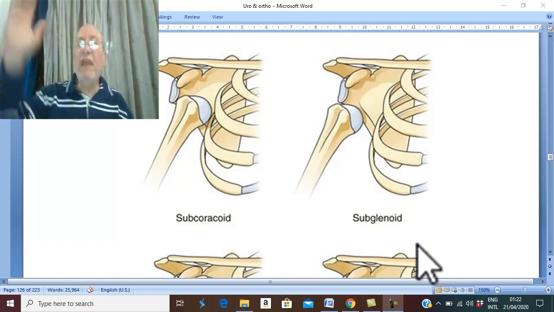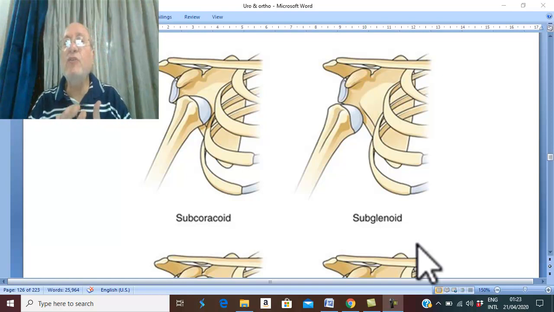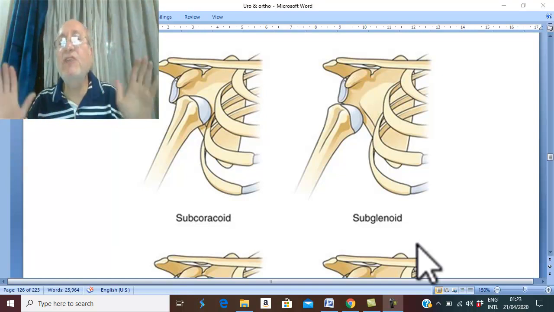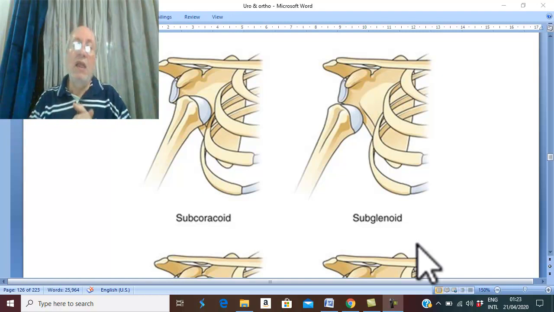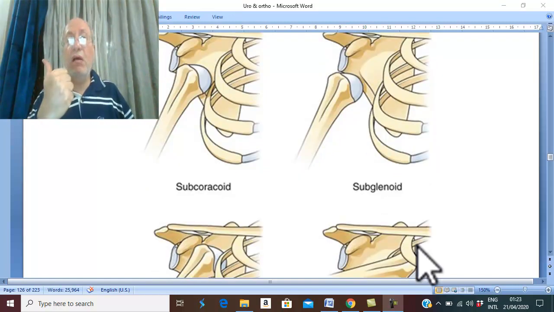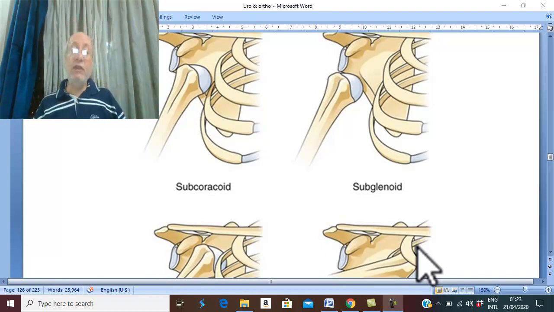Delayed movement of any joint after injury leads to stiffness of the joint. After joint complication, which is recurrent dislocation and stiffness, come bone complications.